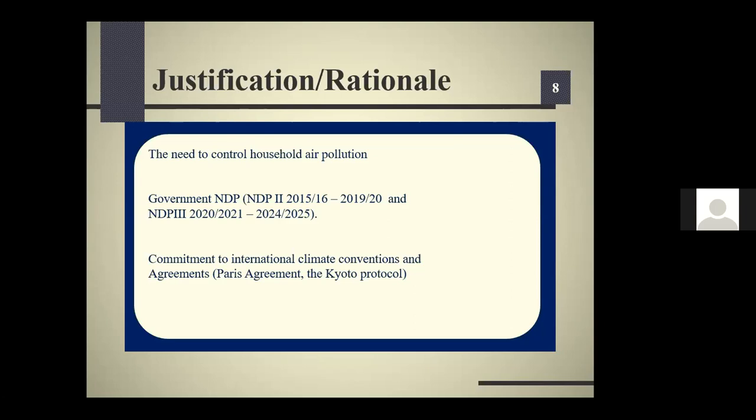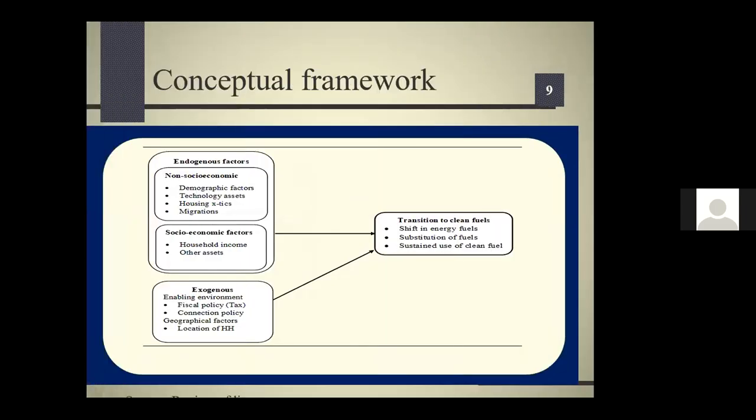The idea behind it is to make sure that we shift households to clean cooking energy sources and lighting energy sources together. The other issue is that Uganda as a country has really made commitments to international climate conventions and agreements such as the Paris Agreement and the Kyoto Protocol. Now, this put together, this research is really timely, since the focus now is to make sure that we move households to clean energy sources.